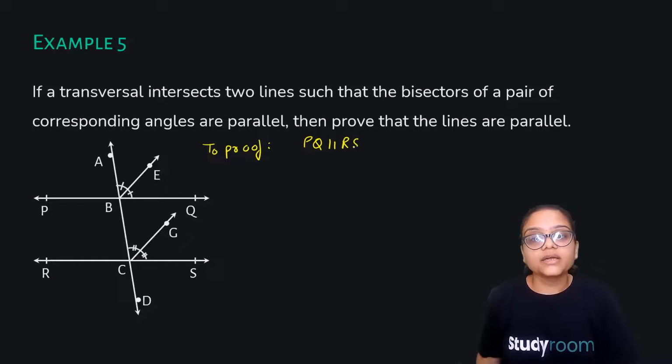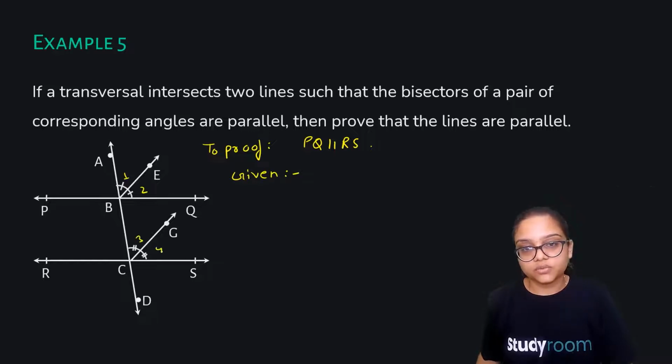We are given that the bisectors are parallel, so this angle is equal to this angle and this angle is equal to this angle. Suppose I name them 1, 2, 3 and 4. So 1 is equal to 2, 3 is equal to 4, and BE is parallel to CG.